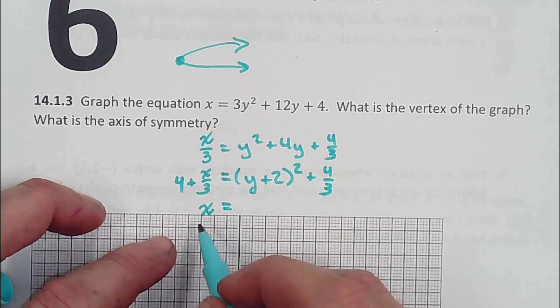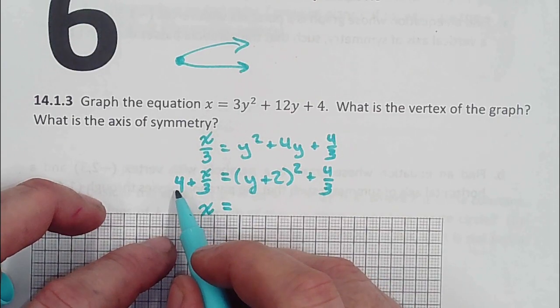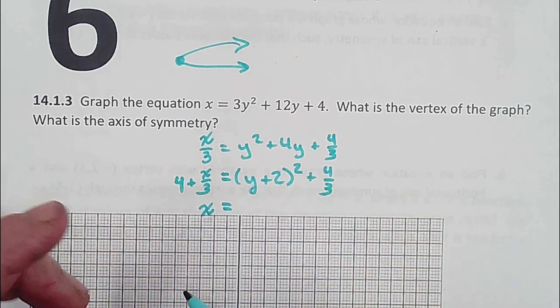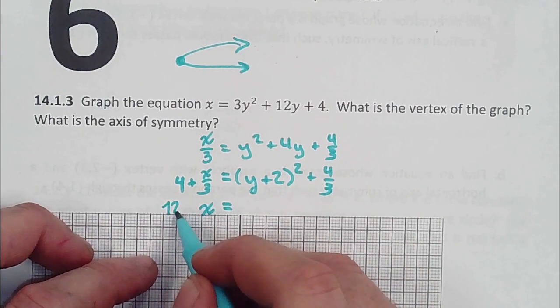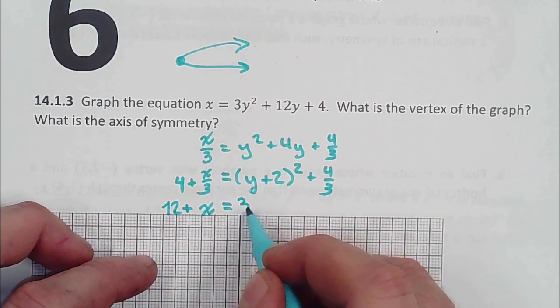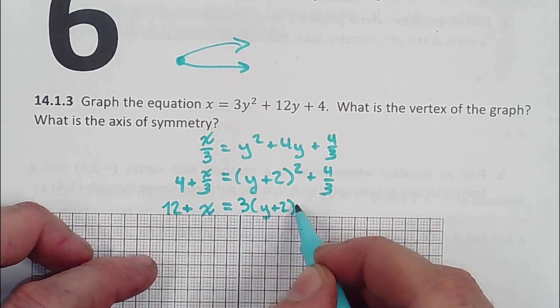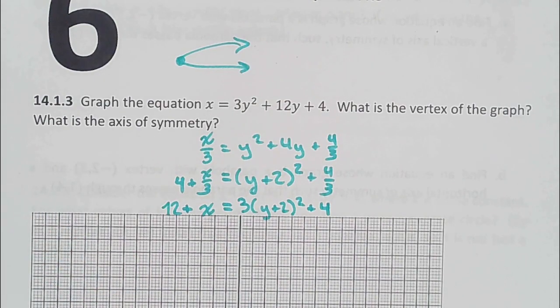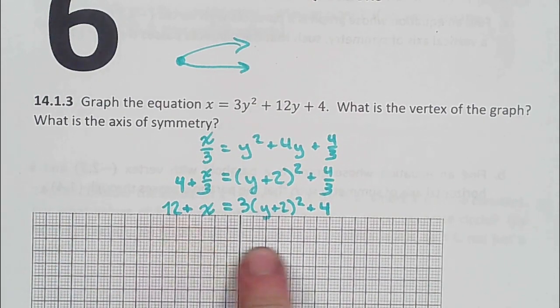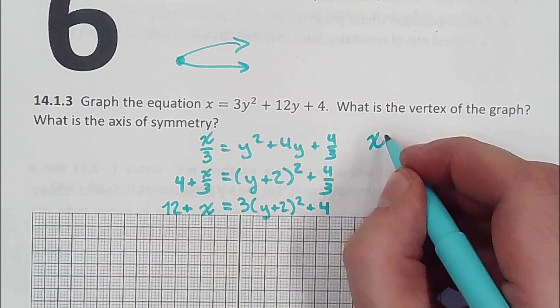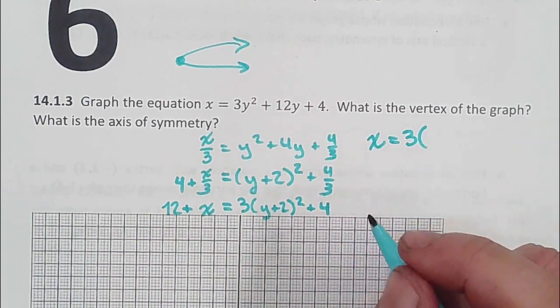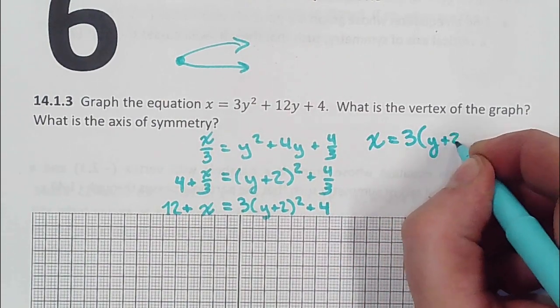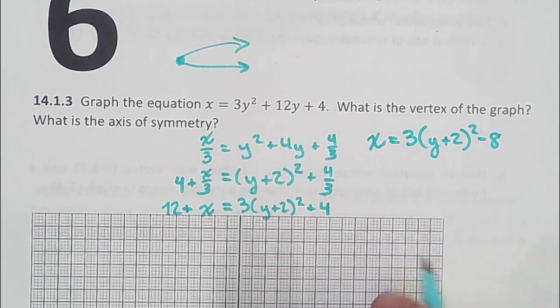Timesing everything by 3, that's a 12 now. If I times everything by 3, I get this. Again, times by 3, times by 3, times by 3, times by 3. Just trying to make this a little bit easier to subtract. When I subtract 12, I'll get x on its own. X is going to equal 3 times the quantity of y plus 2 squared minus 8.